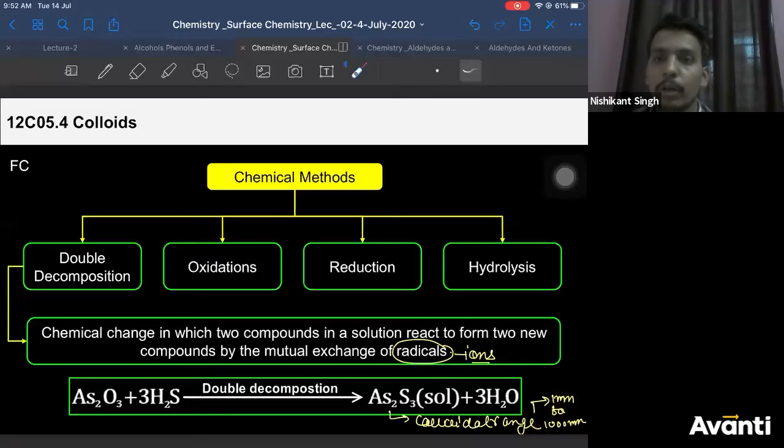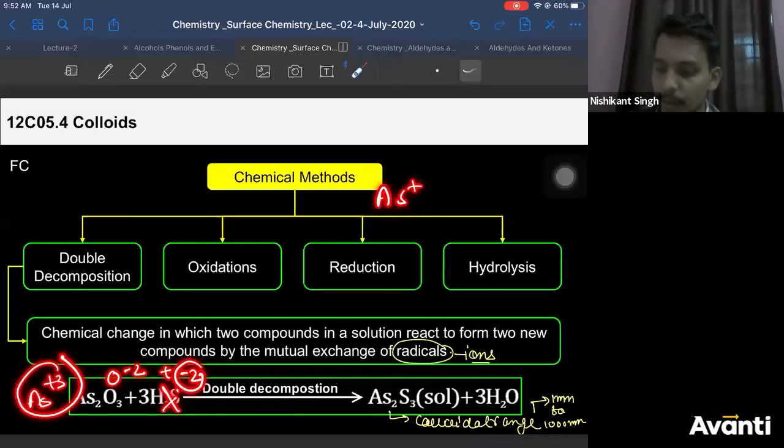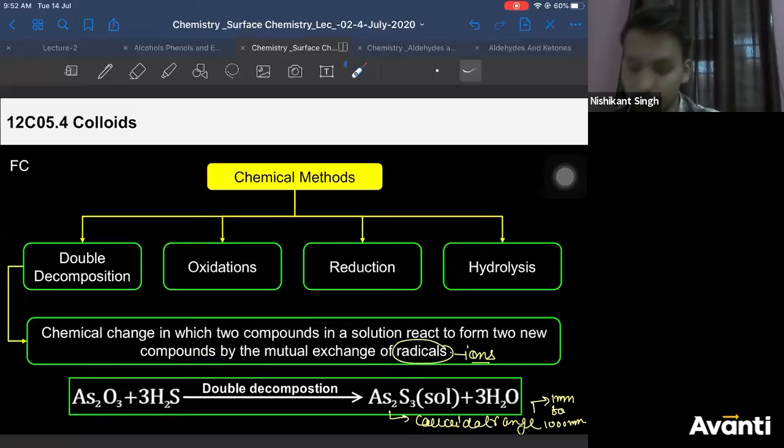For those who did not understand the reaction, I'll explain. First you can split the charges also if you don't understand this. Cross multiply and find your charge. So arsenic will be +3, oxygen is -2, hydrogen will be +1, sulfide will be -2. So S -2 will combine with As +3, and cross multiplying the charge, you'll get As2S3.